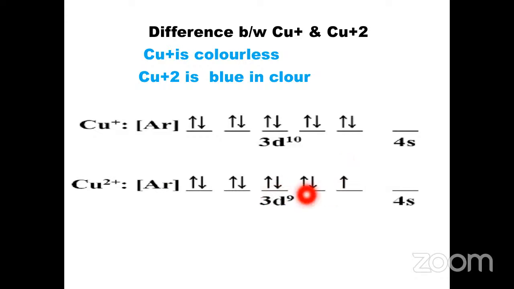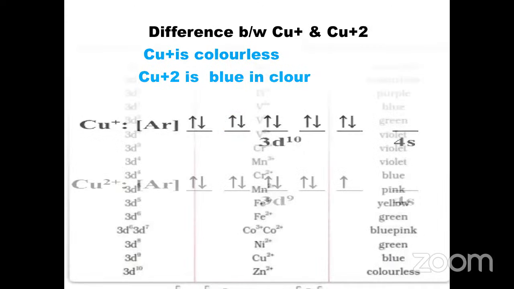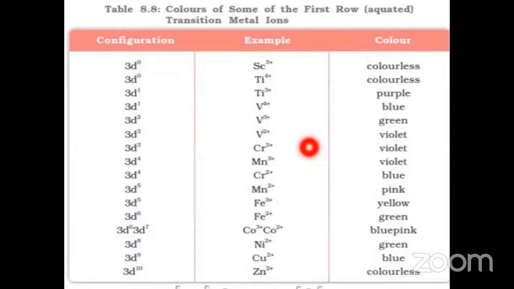That is the reason Cu2+ is blue in color, and Cu+ has a completely filled d orbital, so it is colorless. So these are the colors of the corresponding ions with unpaired electrons.